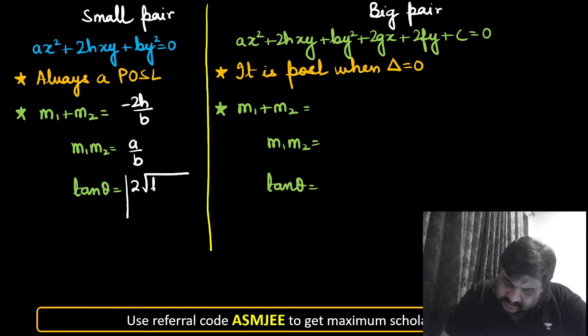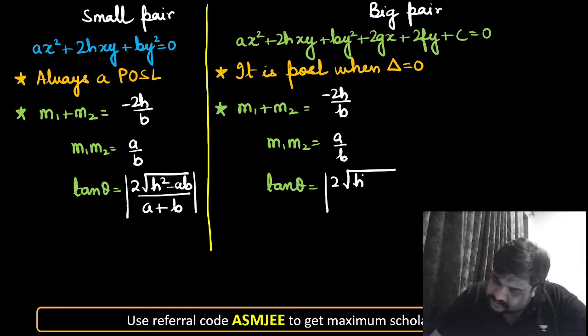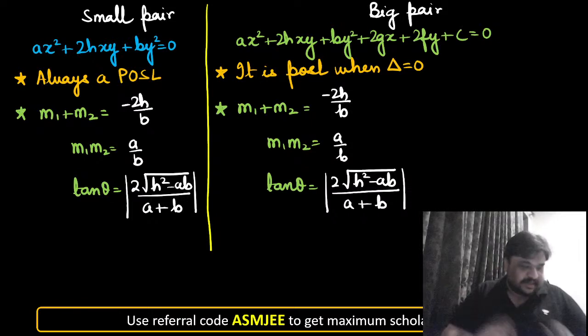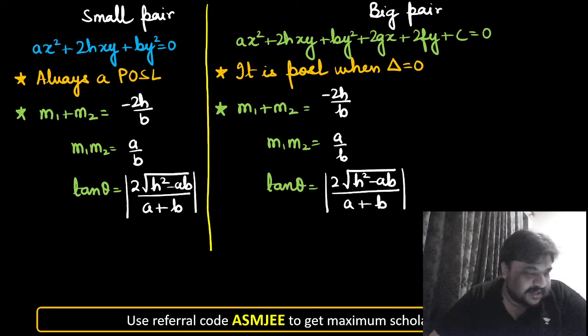This is twice root h square minus ab upon a plus b. These two things are the same for both of them. Has everybody noted till here?